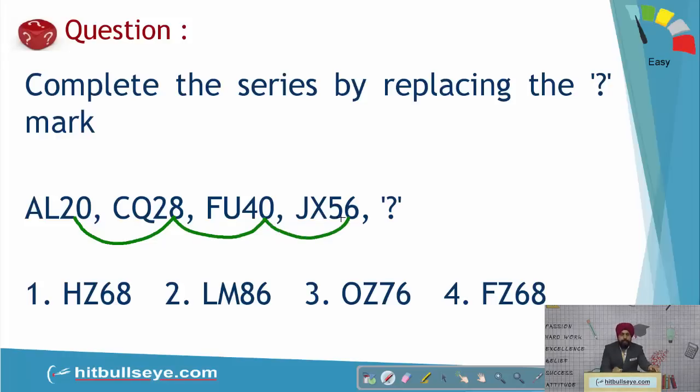Then to 56 it is plus 16. So this is plus 8, plus 12, plus 16. Now what will come next? It has to be plus 20, and when you add 20 to 56 you get 76. So the answer is the option which contains 76, that is the third option. Right students?